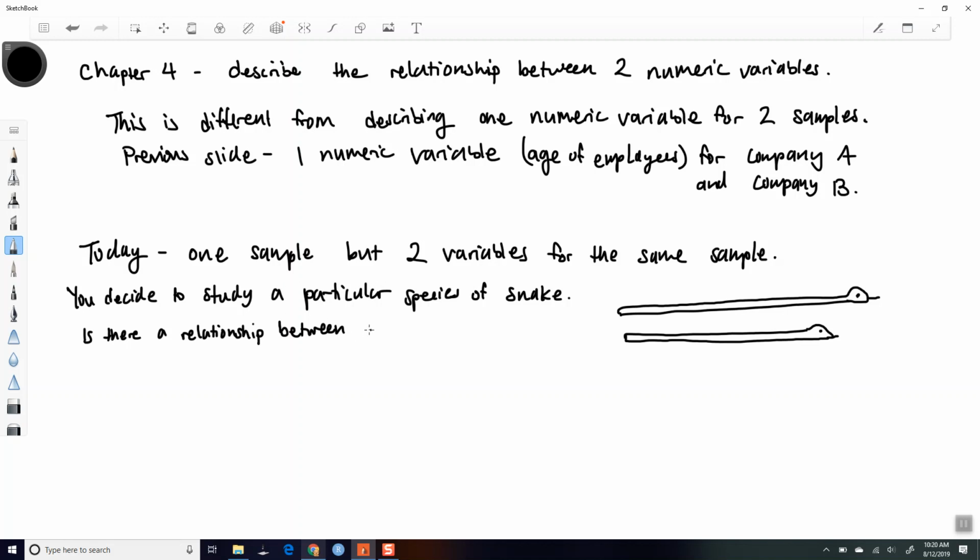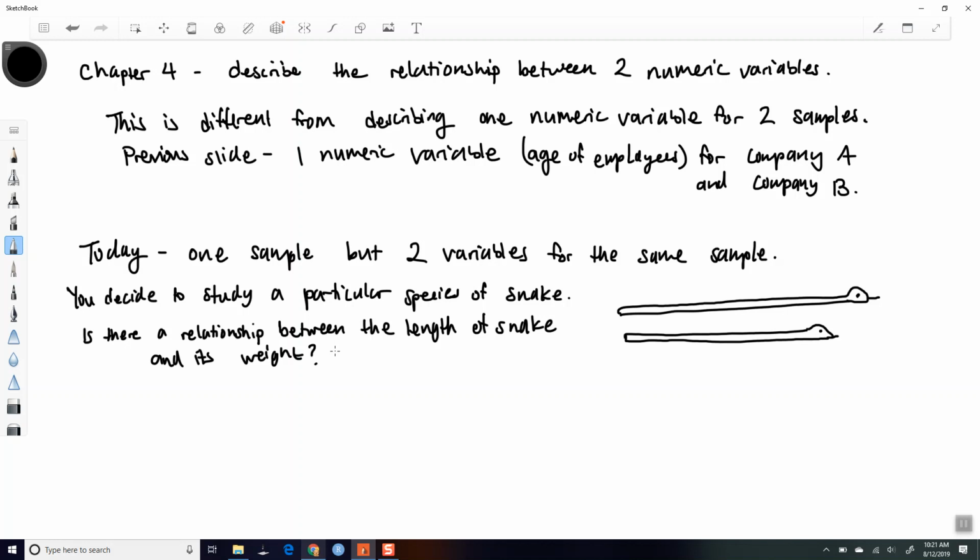So is there a relationship between the length of a snake and its weight? What do you guys think? Yes. Generally, if we're looking at the same species of snake, we would expect a longer snake to weigh more than a shorter snake.